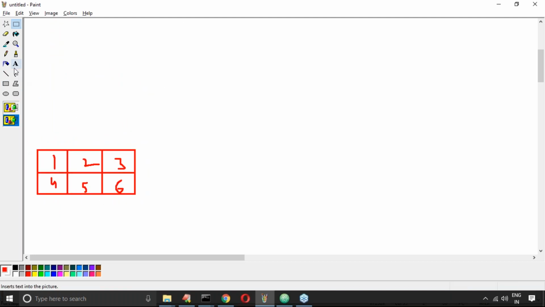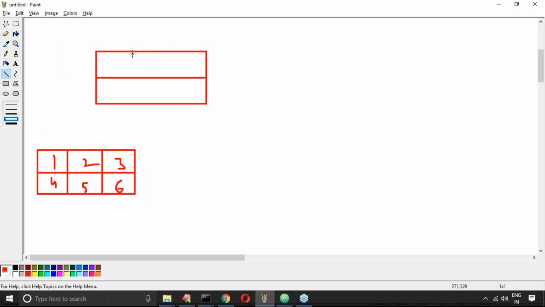What is the second one? The second one is 7 8 9, 10 11 12.